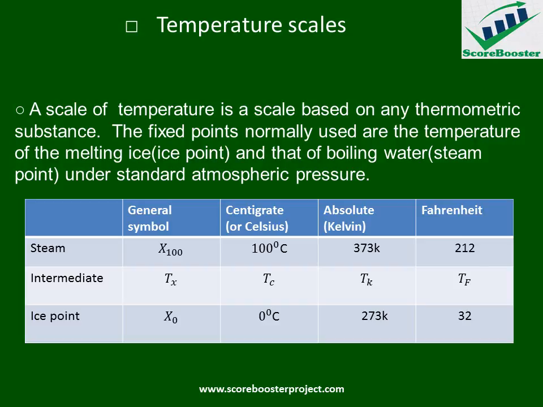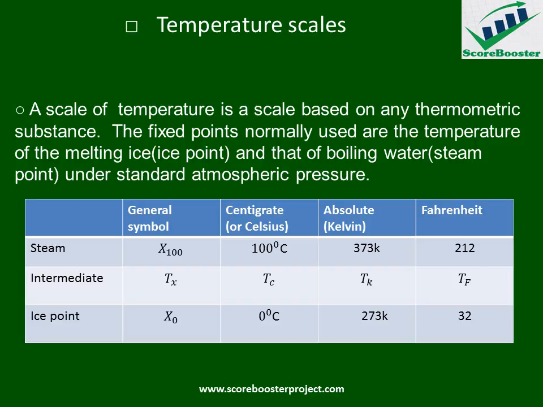Here I have a table whose first column denotes the point, which can either be steam, intermediate or ice, followed by the general symbol, and then each of the scales: centigrade, absolute temperature, and Fahrenheit.